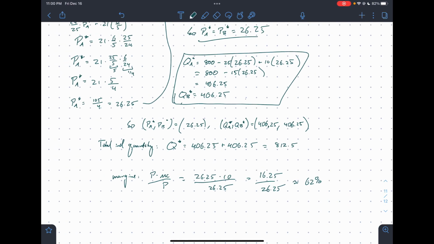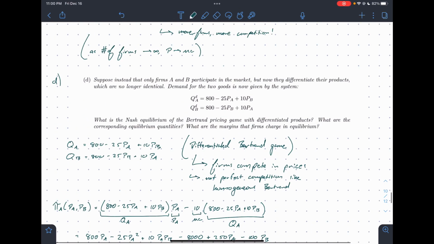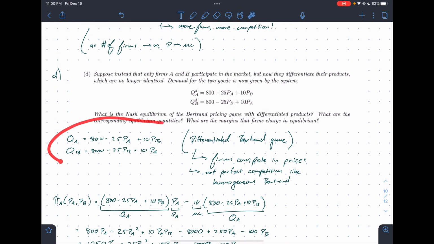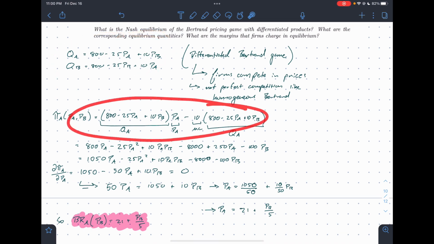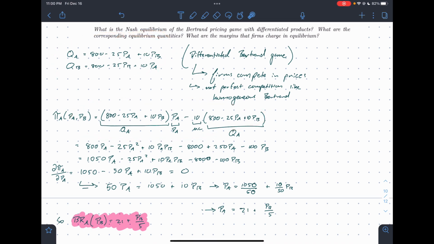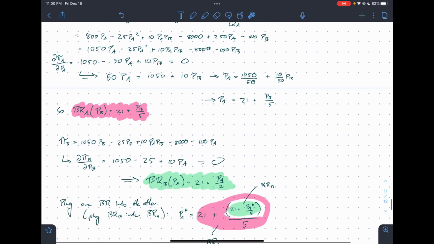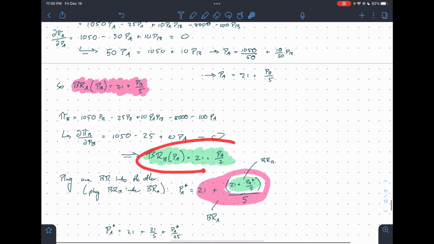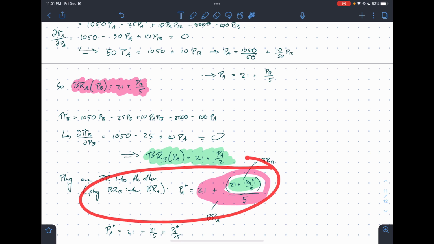The idea is we have these demand functions, find the profit based on those demand functions, find the derivative with respect to the firm's price, set that derivative equal to 0. That'll give us a best response function. Do it for the other firm, get a different best response function. To solve this, to find the equilibrium, you plug one best response into the other.